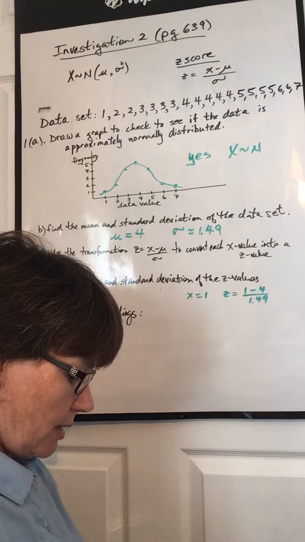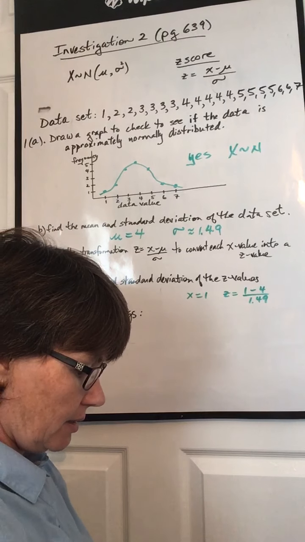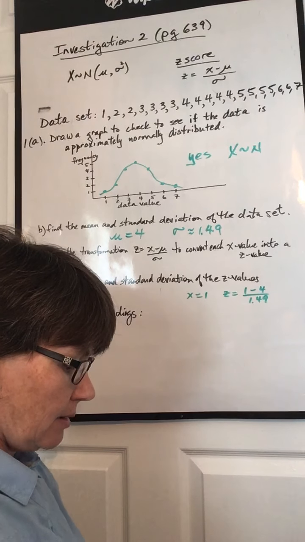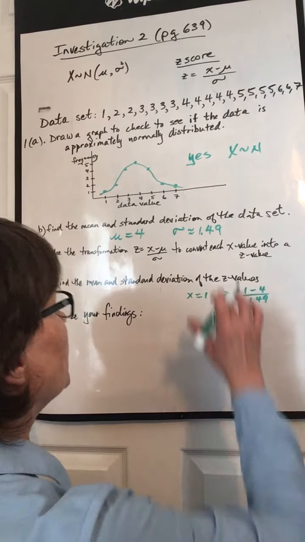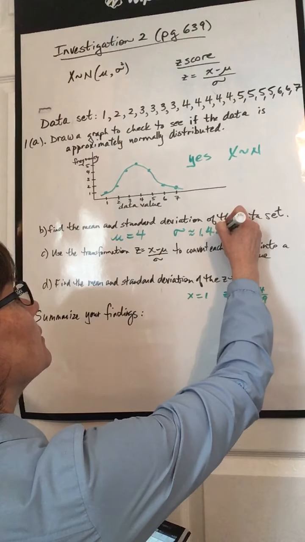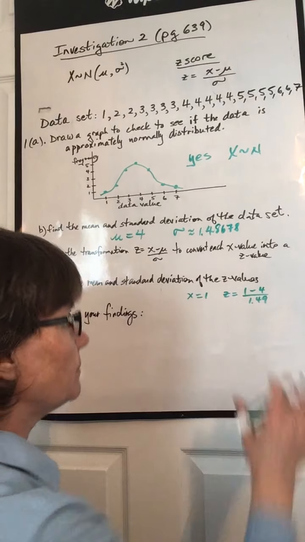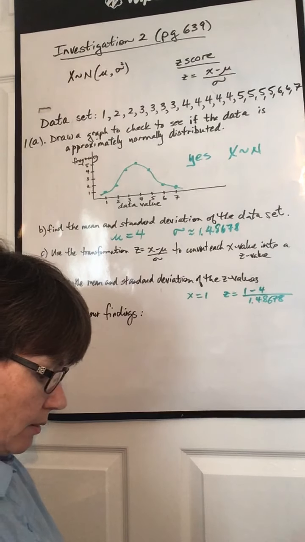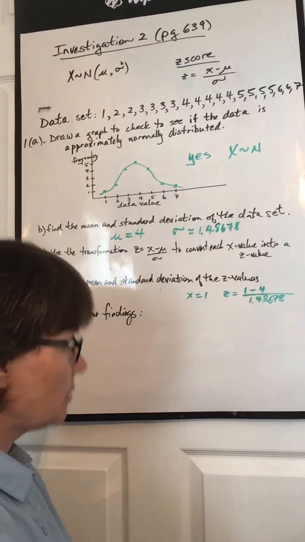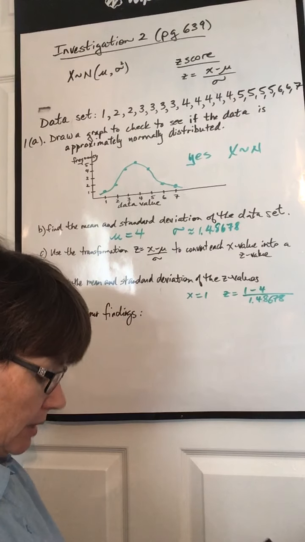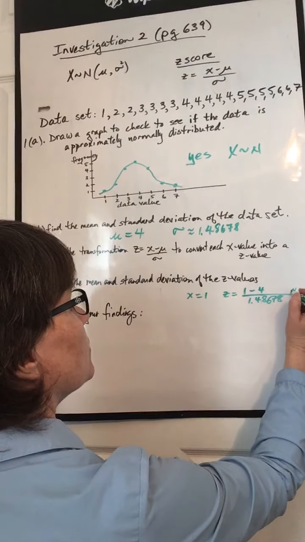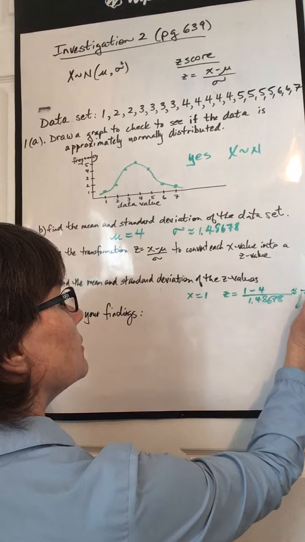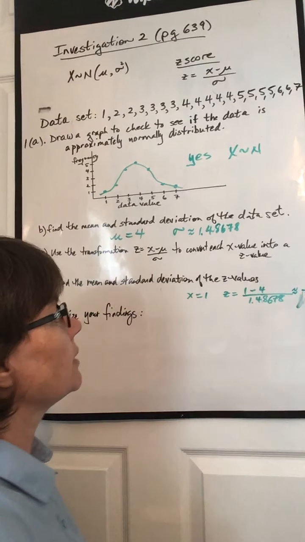I'm going to use more digits here for more accuracy. Okay, that's equal to negative 2.02.